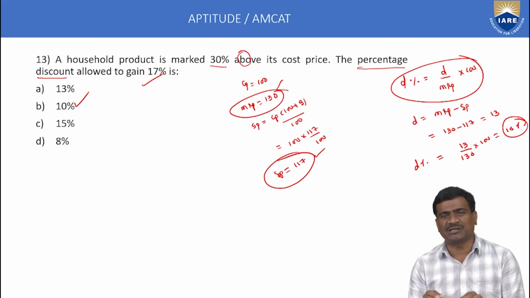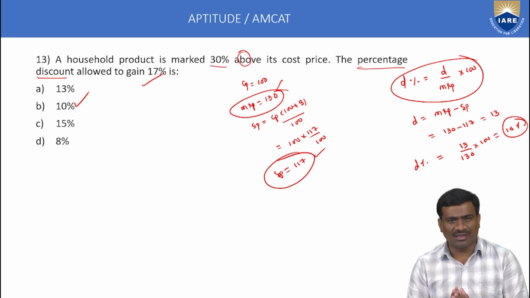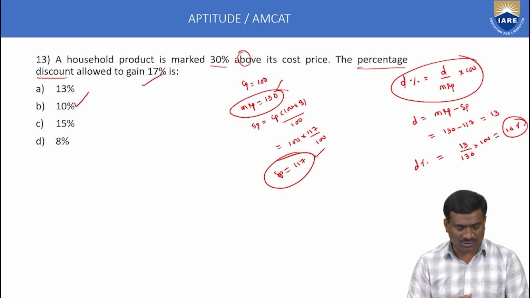Percentage always depends only on 100, so let cost price be 100, MRP 130, and selling price when gain is given, then calculate discount percentage. Discount percentage is equal to discount by MRP into 100. So the answer is option B.